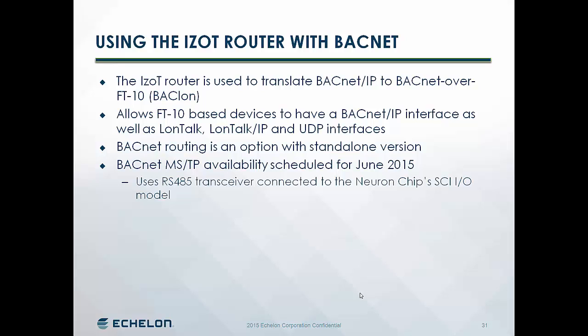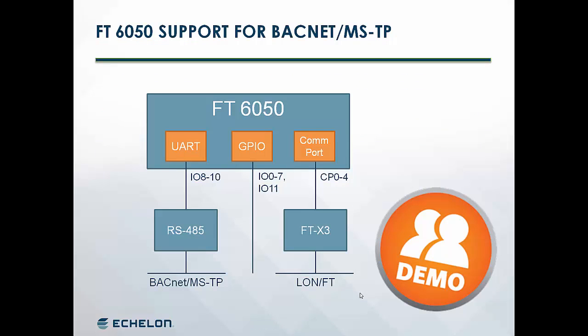With the release of Node Builder 4.4 in July 2015, Echelon will be supporting BACnet MSTP as well. And the way that we do that is with an external RS485 transceiver connected to the Neuron chip's SCI I/O model, as shown in the following slide.